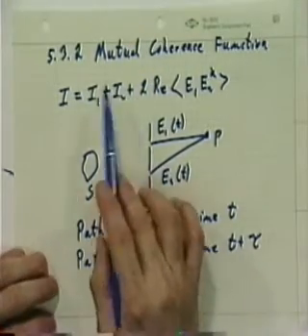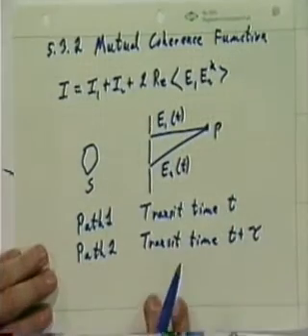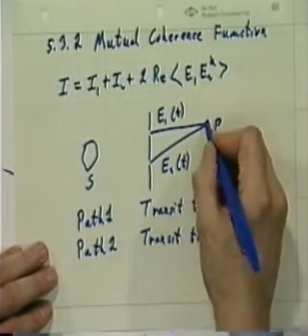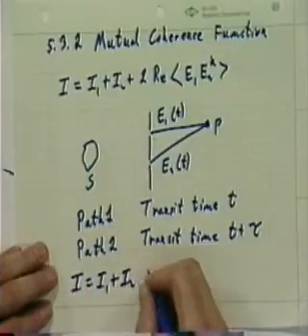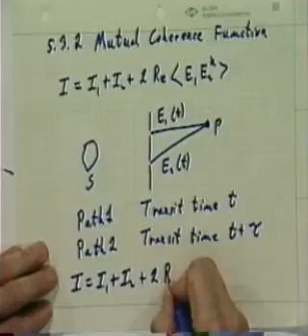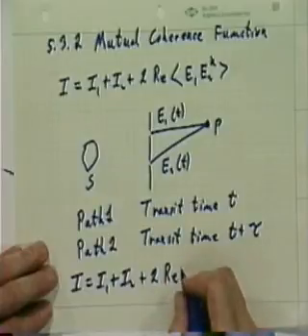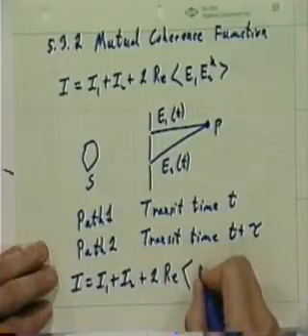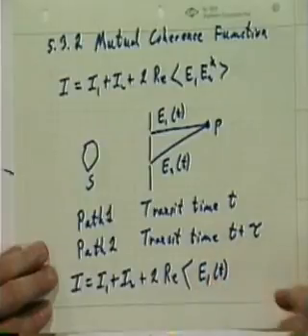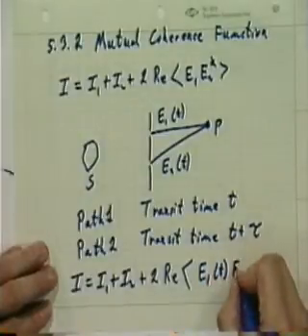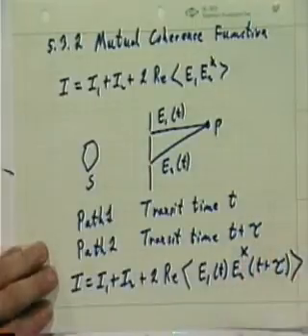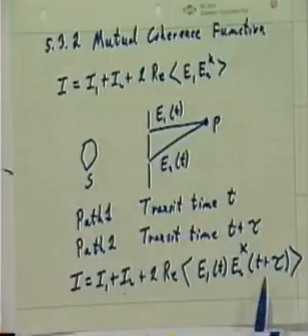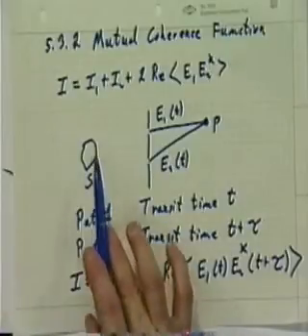So I'm going to rewrite this expression, saying that the irradiance at point P is I1 plus I2 plus 2 times the real part of E1 of t, E2 complex conjugate of t plus tau. I just want to show in this expression that the two electric fields had different transit times in getting from here to here.